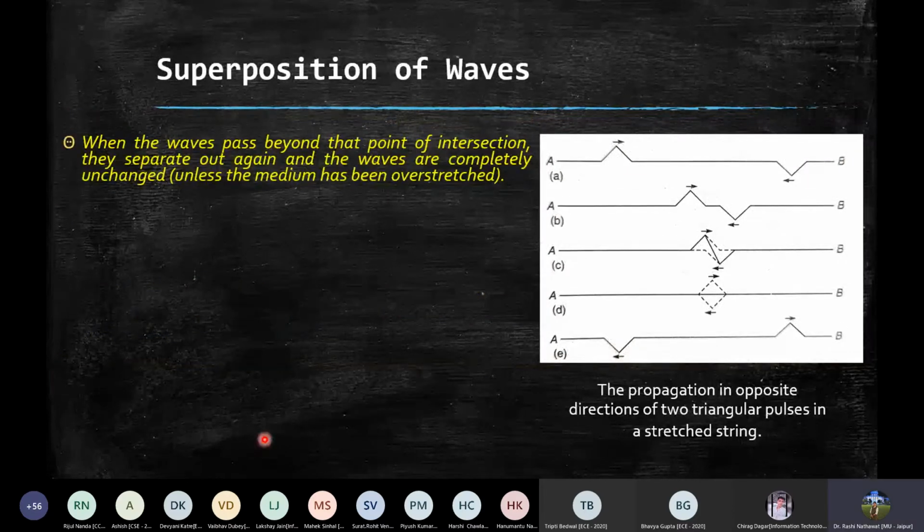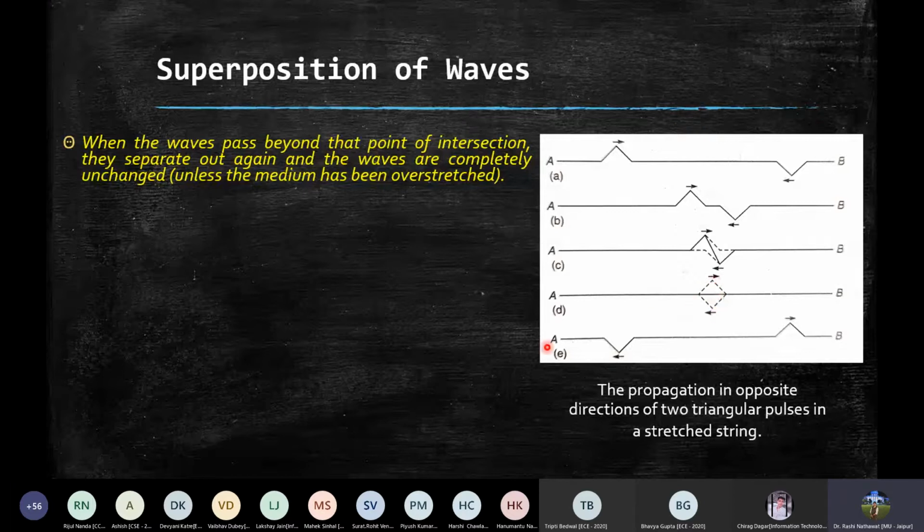Also, there are a few points to understand here. This is the C position, and when the waves are at the D position, they are combining. So here we calculate the total displacement.